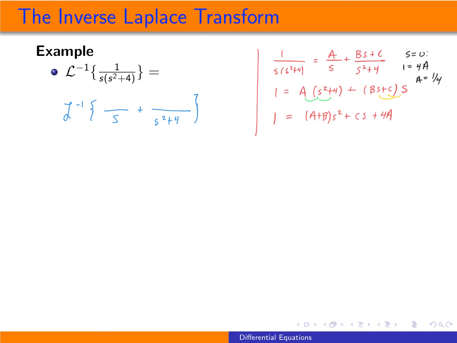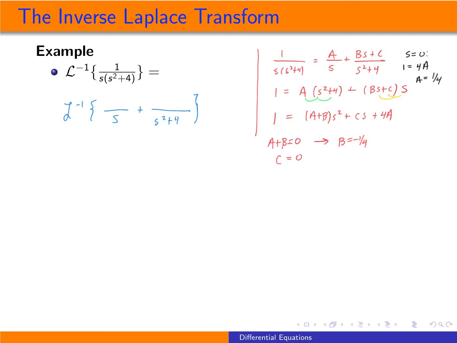And then the coefficients on both sides have to match up. There is no s squared term on the left, so a plus b has to equal 0. There is no s term on the left, so c on the right has to be equal to 0. Because a is 1/4, b is minus 1/4.